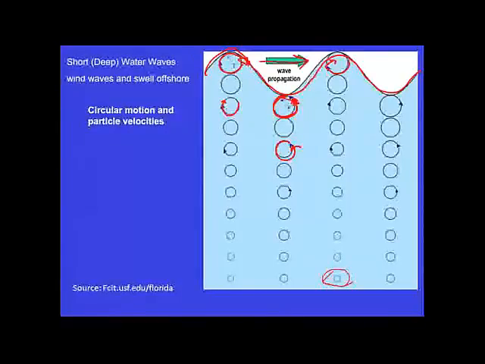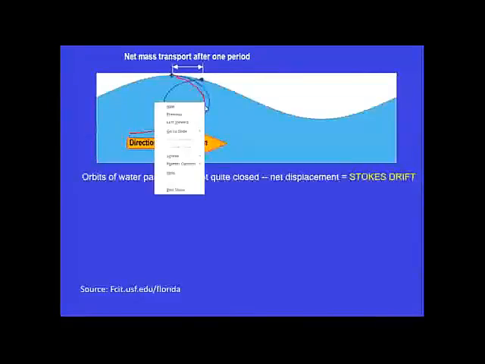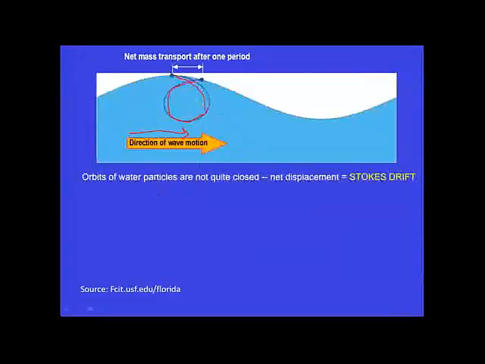Okay, so what happens if we look at a wave moving in this direction is that here's a particle now, and when the first wave goes by, the particle starts here, and as that wave flows past it, it ends up moving over to here.